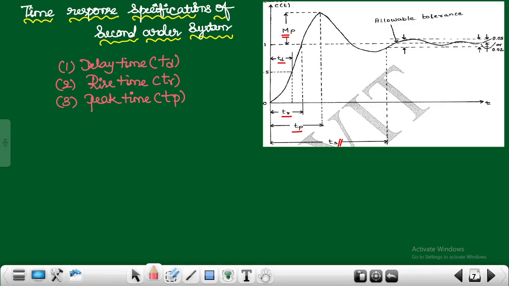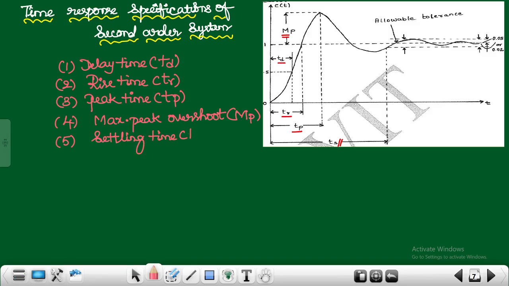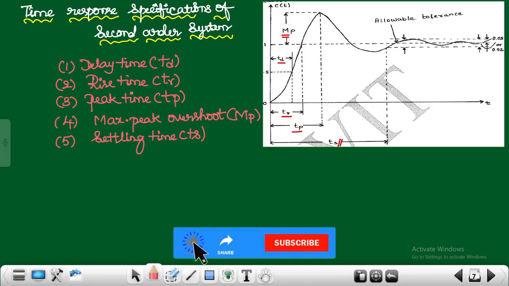Fourth is maximum peak overshoot, that is MP. Fifth is settling time. These are the different specifications which define the transient response of a second order system. Let us take them one by one.